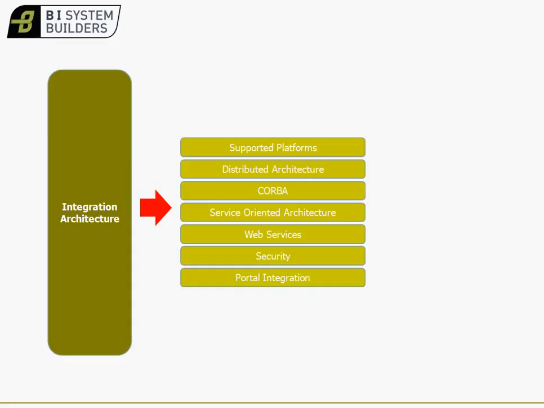And of course, things such as portal integration. I'm not saying this integration architecture is exhaustive. I'm not saying any of this presentation is exhaustive, but I'm giving you ideas for structure and things that you should be considering and should be defined and documented before you launch into your BI program. You probably have a corporate portal, and you may well want to integrate your analytics into that portal.